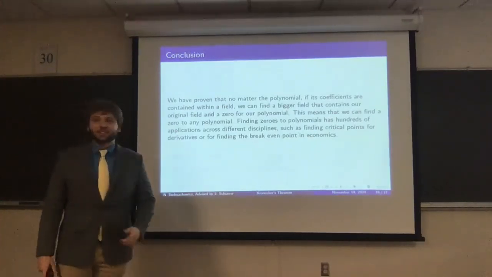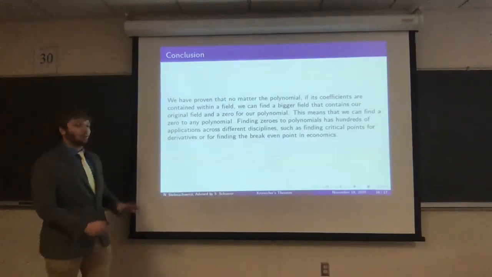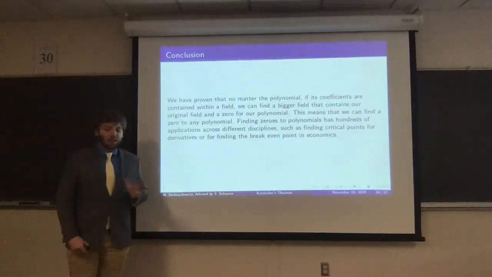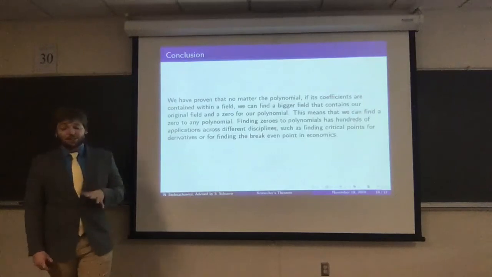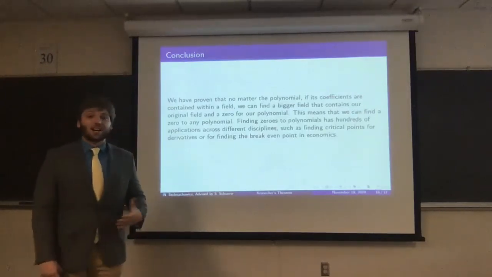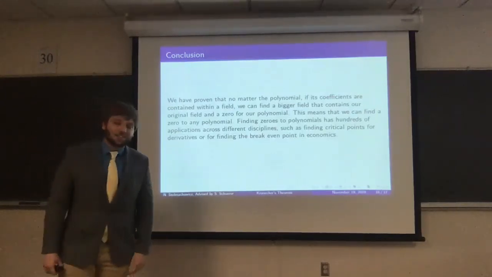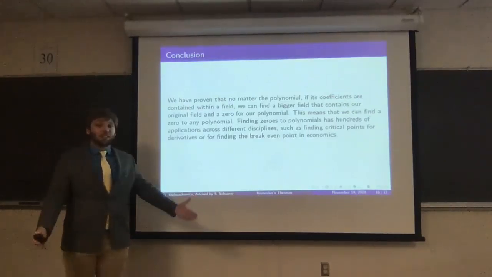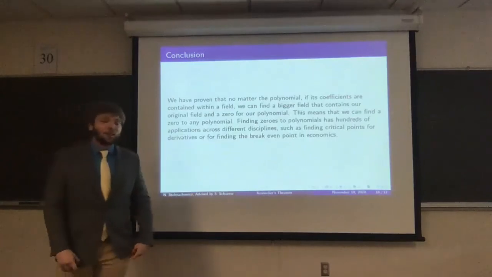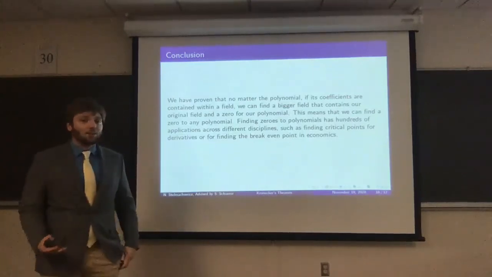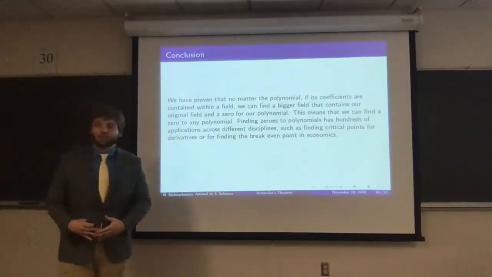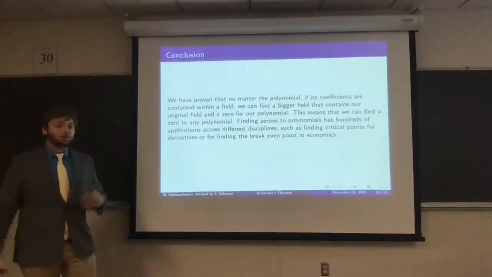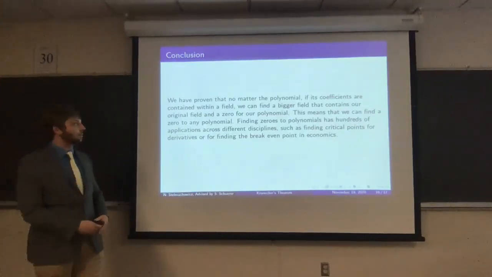And that's what I think is so cool about Kronecker's theorem: it shows how powerful the complex numbers are, in addition to giving a bunch of information about finding zeros of polynomials, break-even points, derivatives, critical points, all that kind of stuff.